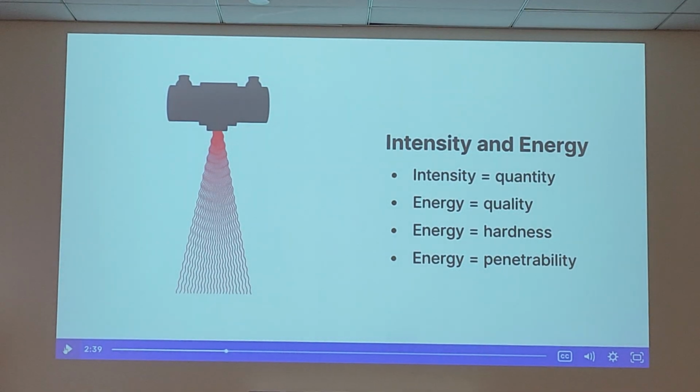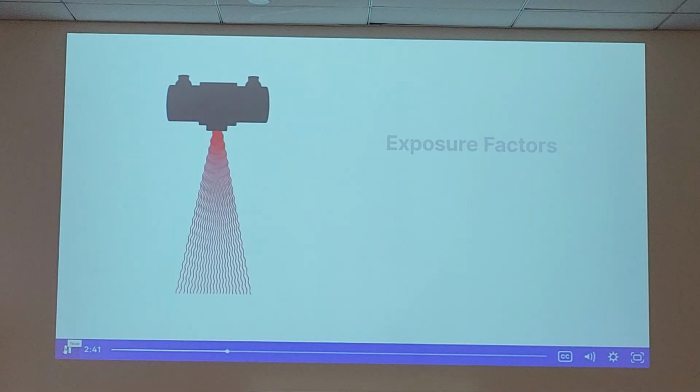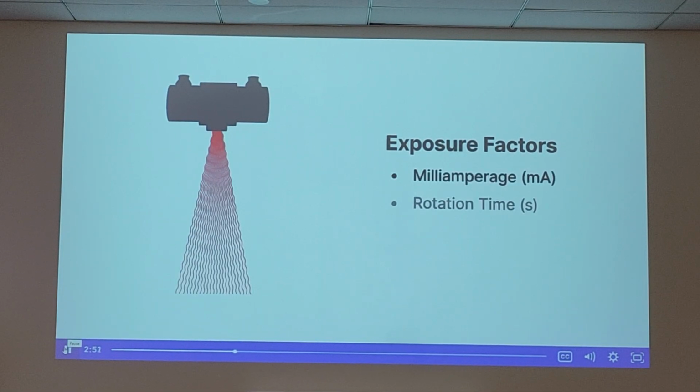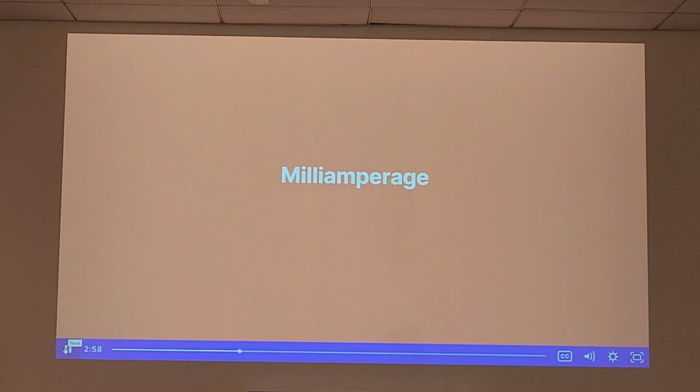Alright. Something that's also very similar is the X-ray exposure factors for a CT scan. The energy and intensity of the X-ray beam is controlled by the technologist using the mA, the rotation time, and the kilovoltage potential, all of which are very similar to traditional radiography. Let's begin by talking about milliamperage.